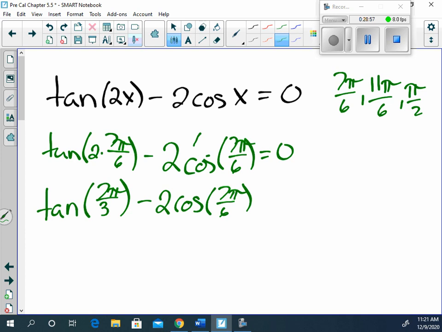In the unit circle, tangent of pi over 3 would be square root 3. Now, cosine of 7 pi over 6 is negative square root of 3 over 2.